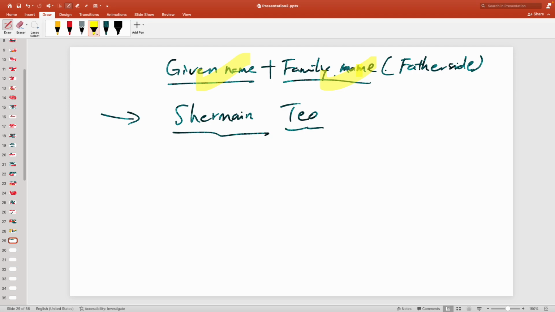Why not mother's side? Do you know why or not? Why must it follow given name plus family name? Why not family name and given name? I also don't know why, but I know it's a tradition. I only know the father's side. Why must it be father's side? Because it's more common.